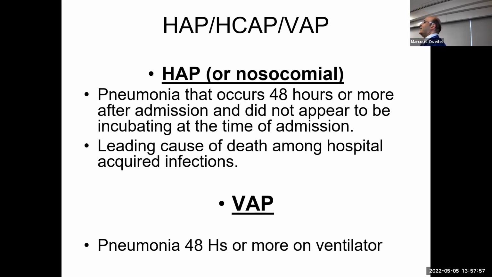VAP, 2 days on ventilator. Pneumonia that develops after 2 days on ventilator. You remember the VAE that we talked about yesterday? So VAP, you start with VAC, then IVAC, then probable VAP. VAC, ventilator-associated condition, hypoxemia requiring 3 of PEEP or 20% FiO2.